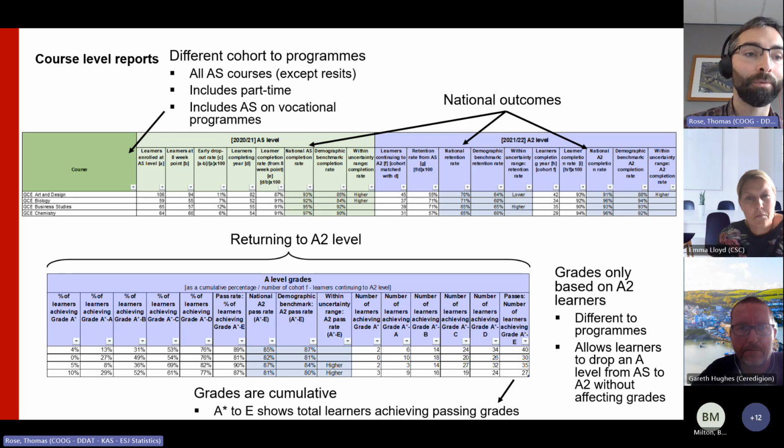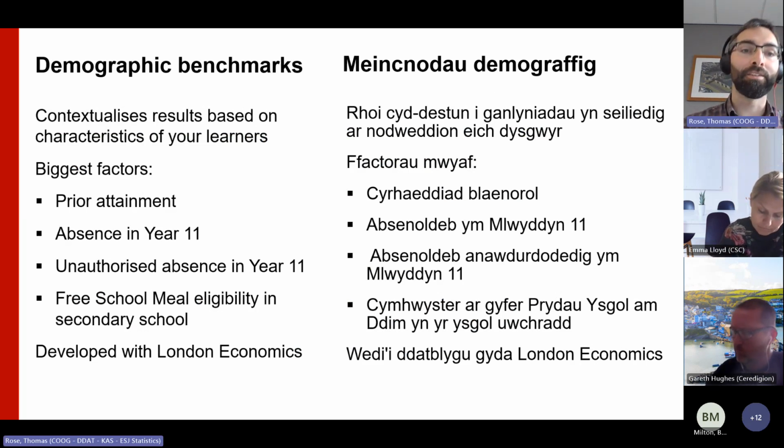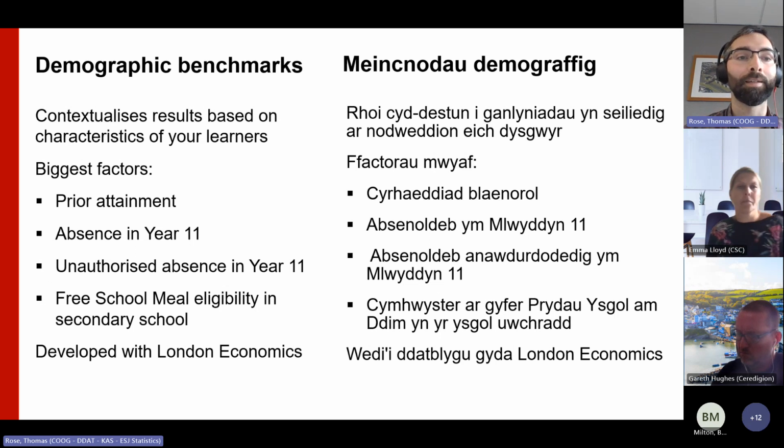In the previous table, we had those grey rows for the national outcomes. In here, it's the coloured columns where we have the completion rate and the retention rate and so on. You'll also notice that we have these demographic benchmarks, which I will explain now. The benchmarks have been developed over the last couple of years. The idea is that they contextualize your results based on the characteristics of your learners.